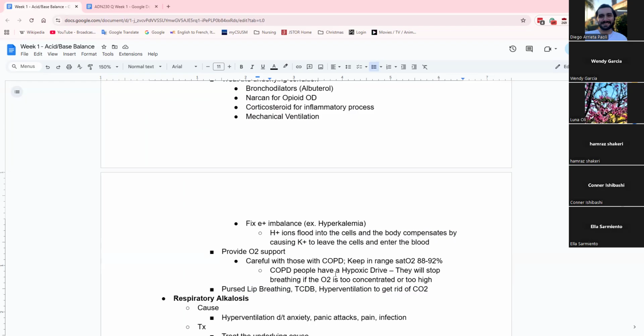It can lead to pulmonary hypertension, which can then affect the heart. Pulmonary hypertension could cause right-sided heart failure. People with COPD are at a higher risk of right-sided heart failure.